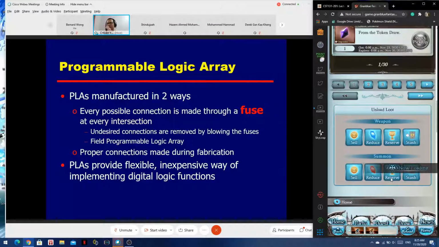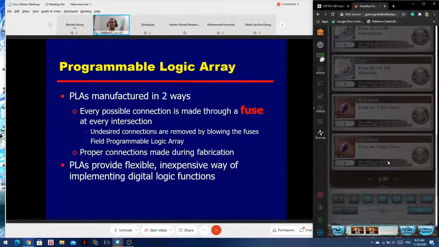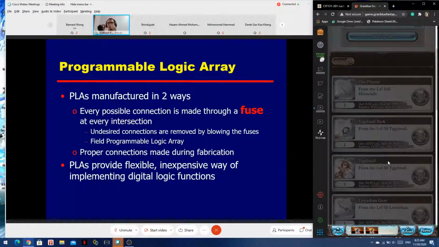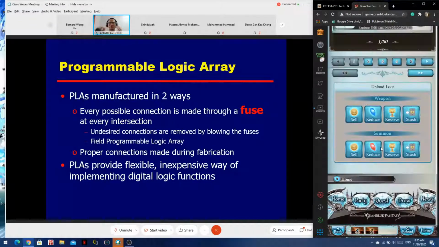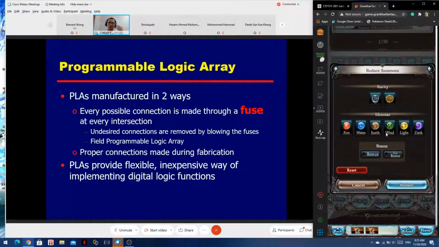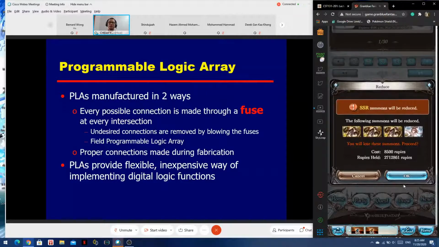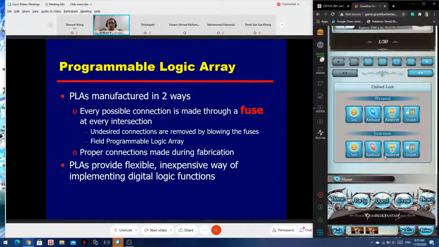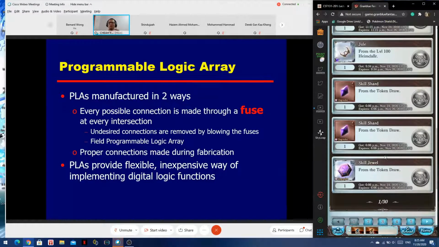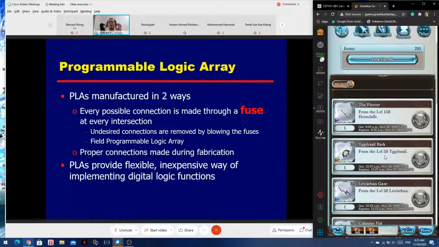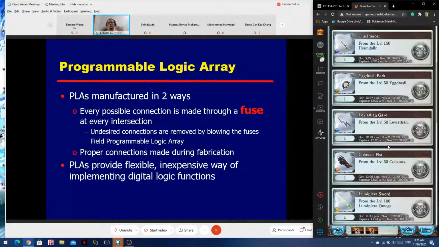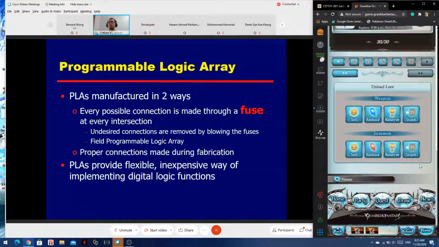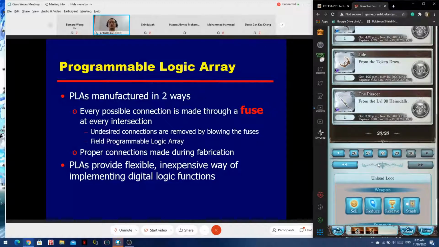I don't know what machine they use, but there's a way to make that connection happen. But sometimes the other way these PLAs are used is during mass fabrication. That means you don't just do one by one, but you have many of them made on the spot. So that's the other way, which also requires some degree of fusing, if you ask me.